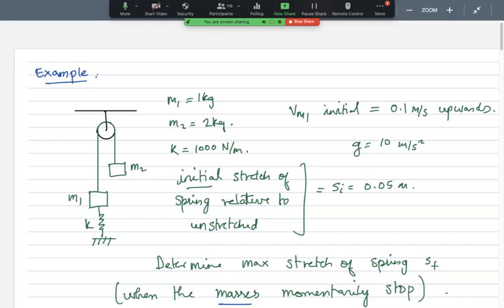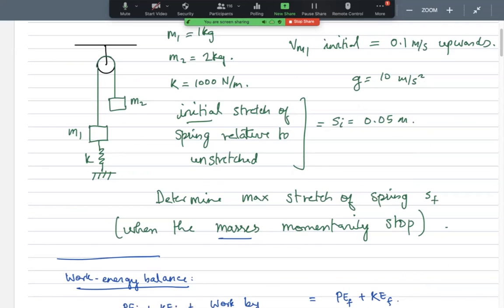And then you let go of the system with these initial conditions, and you're asked to determine the maximum stretch of the spring, and we are going to call this maximum stretch S sub F, or S max.